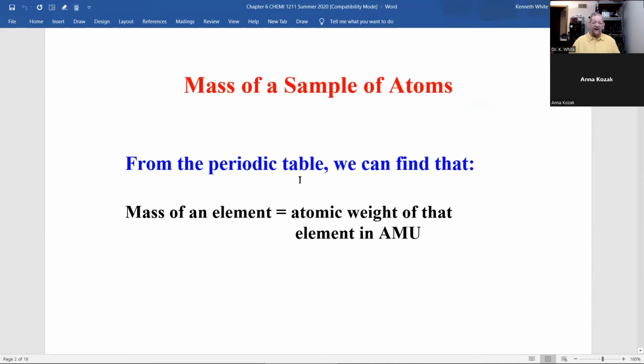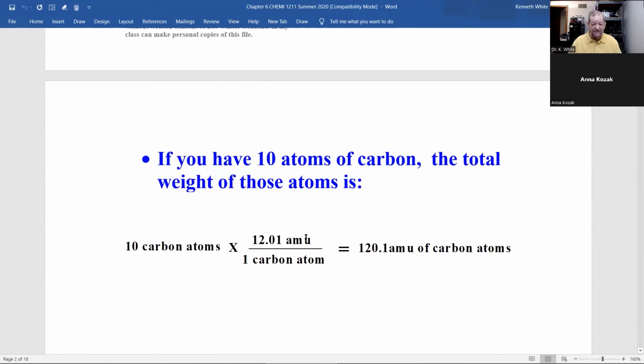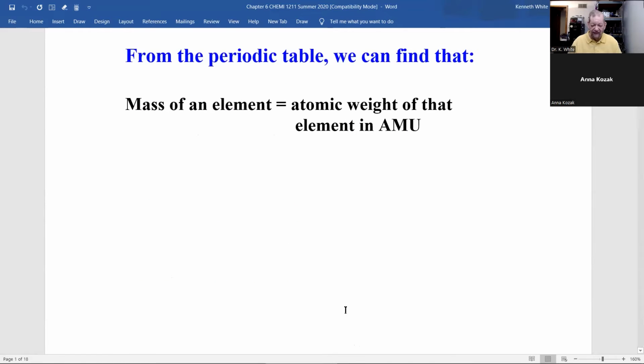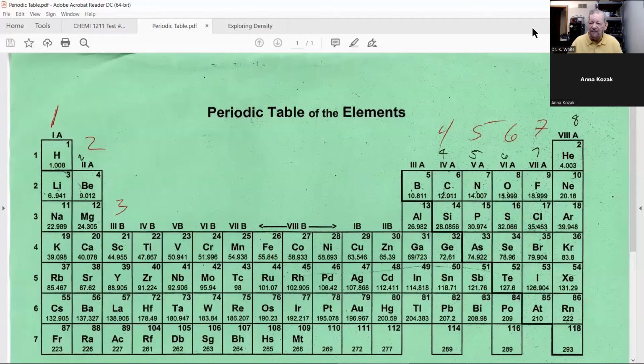Now, from the periodic table, we can find the mass of an element, and that's in atomic mass units. And where do we find that? On the periodic table, which, everybody see the periodic table now? Thumbs up, people. Help me out. Thank you.